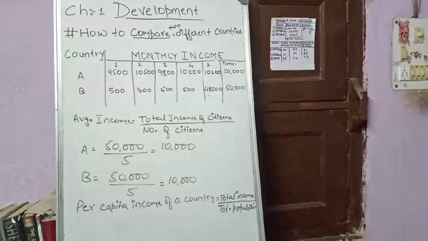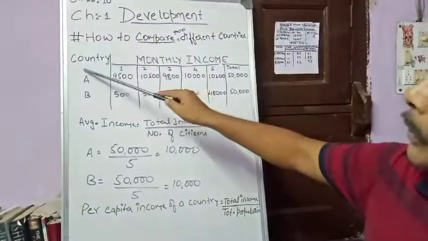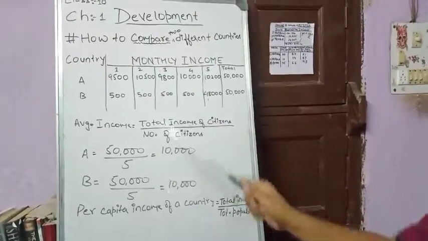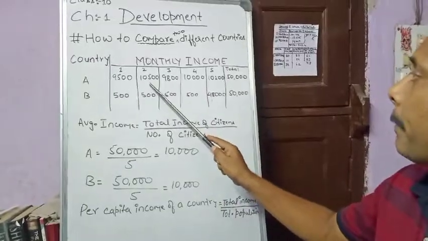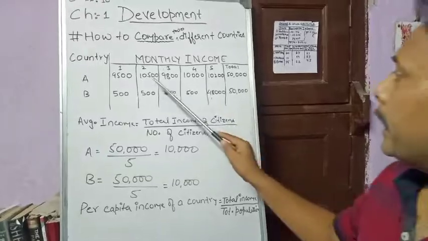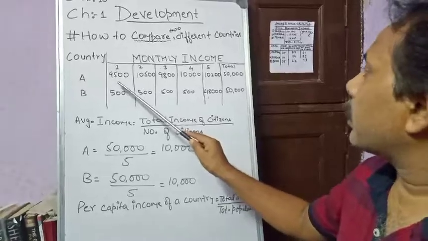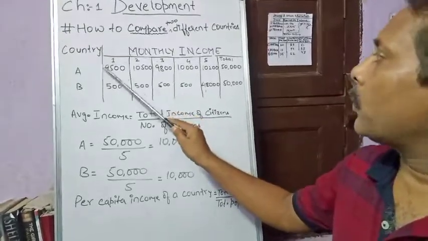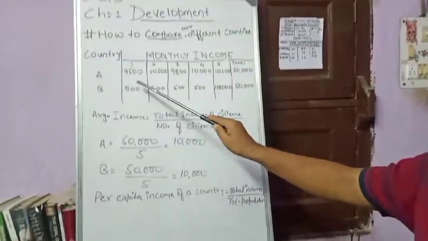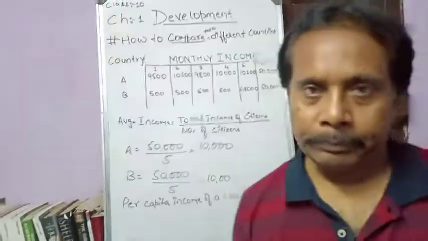So if we consider which country is the best according to this data, I think A is the best country, because here we get very few fluctuations. The highest is 10,500 and the lowest is 9,500, so the difference is only 1,000. So we can say this country is more suitable and more developed compared to country B.